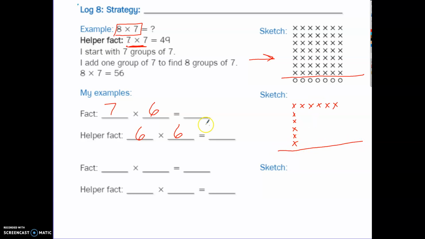It's going to be 36. I want to add one more row. Add on 6 to 36, and I would get 42. So that's how we can use helper facts of our square problems to help us solve some problems.